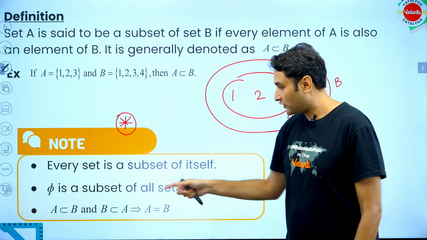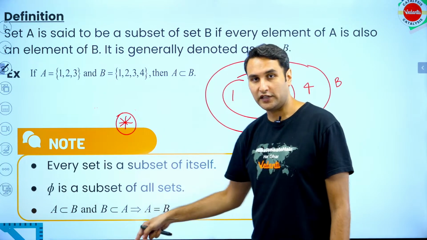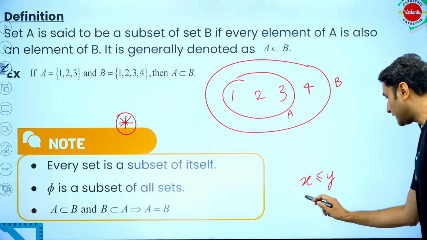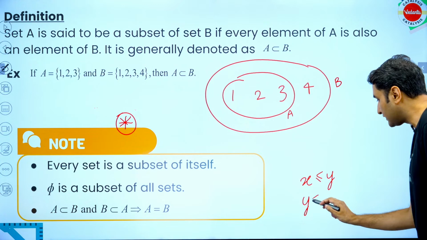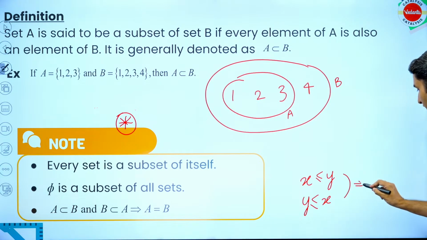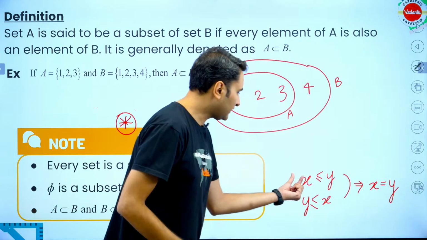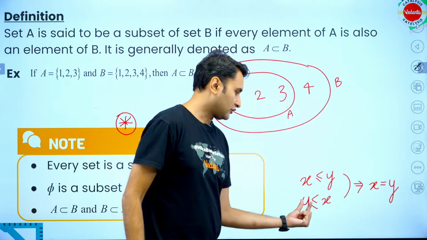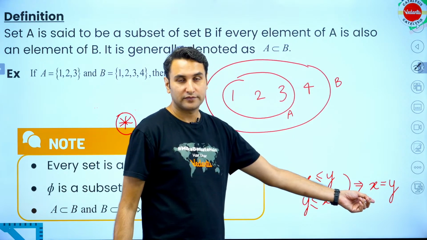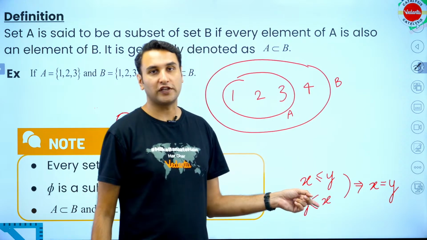If I say X is less than or equal to Y, and Y is also less than or equal to X, what's the only possibility? X equal to Y. Similarly, X is a subset of Y, but Y is also a subset of X, the only possibility is both are equal. Alright? Because in the case of subset, there is a possibility of equality between the two.